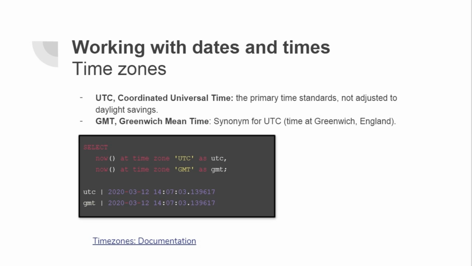There is a synonym called GMT, which is the time in a place called Greenwich in England, and they are interchangeable. You might hear GMT and UTC. They are the same. If you want proof, you can ask PostgreSQL. You see, if you take now at UTC and GMT, you get the same result.